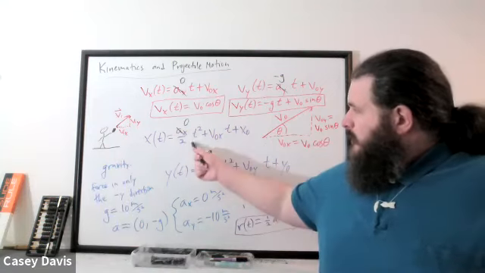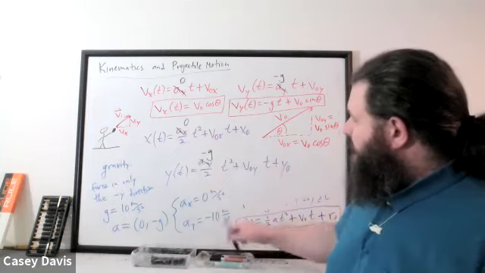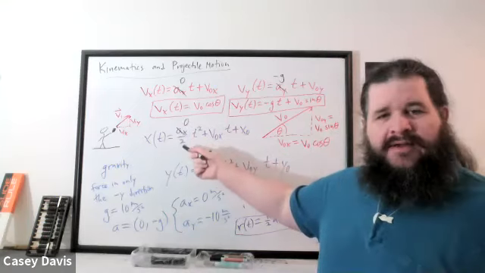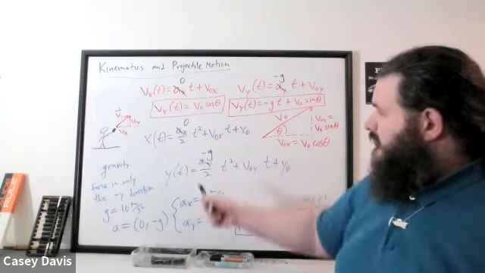We can also simplify these x and y position equations. For x, we've got 0t squared, so we can ignore that term. Then v0x t, and we already know v0x is v0 cosine theta.